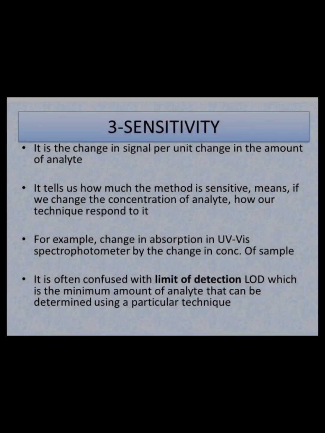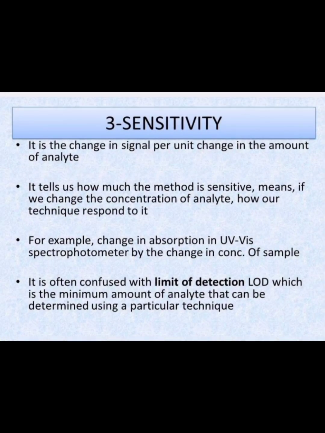Next, the third one is sensitivity. It is the change in signal per unit change in the amount of analyte. It tells us how sensitive the method is. It means if we change the concentration of analyte, how our technique responds to it.